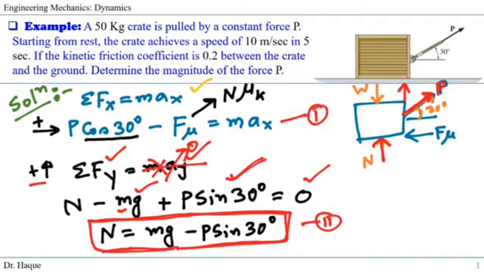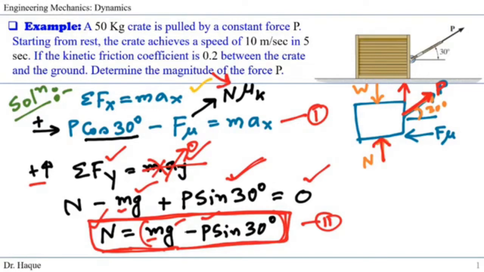So how do we find N? You know m equals 50, g equals 9.81, P we don't know, and sin 30 degrees is a numerical value. So all we have to do is take the value of N from here and replace the N in equation 1.